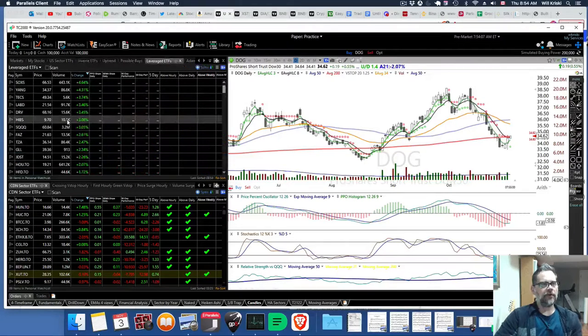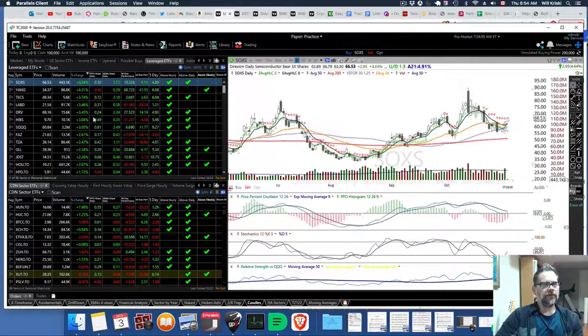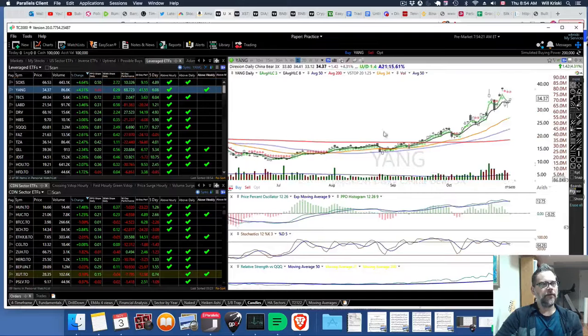If you want to go higher risk, you've got inverse 2 or 3x ETFs. So you can see here we're up 4.64% already this morning on the inverse of the semiconductors, SOXX. YANG is the inverse of the China Bear 3X.